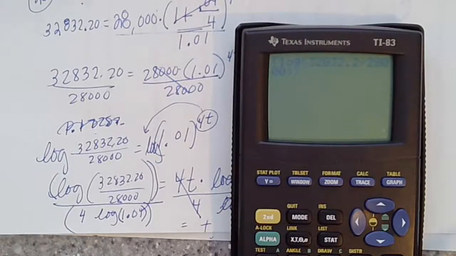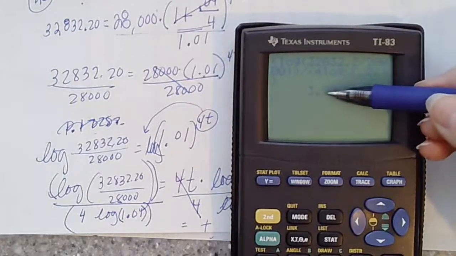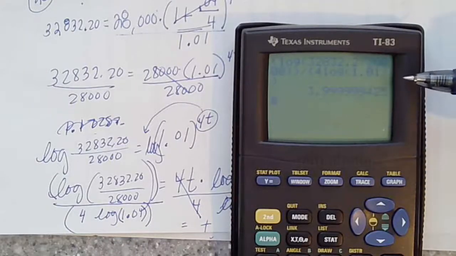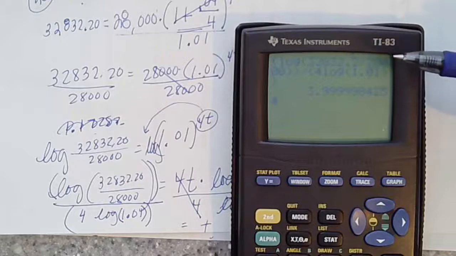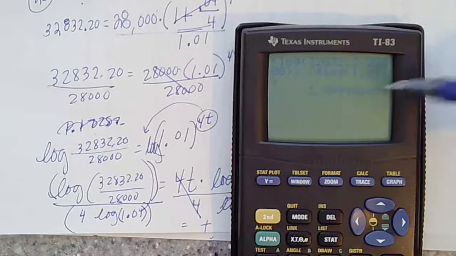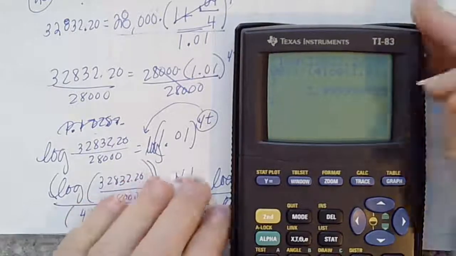Almost exactly 4 years. You see how it's 3.99999, depending on what they tell you to round to. Pretty much always it's going to round up to 4 because there are so many nines. So our answer for 28,000 to grow to 32,000 something, it takes 4 years for that to happen at 4% interest compounded quarterly.